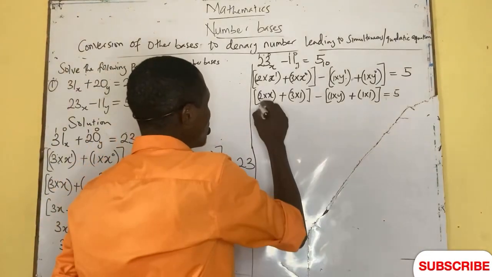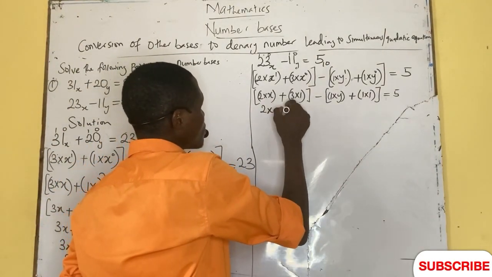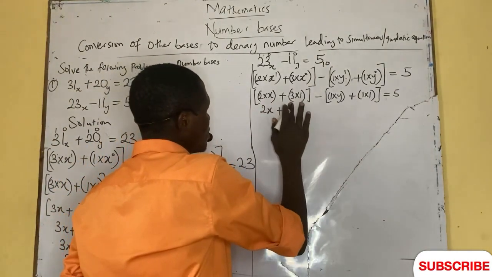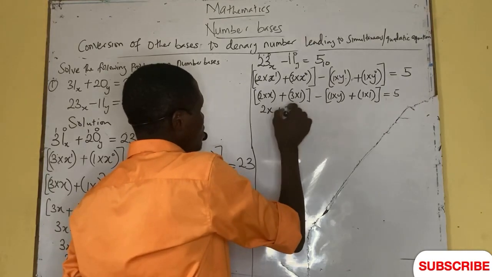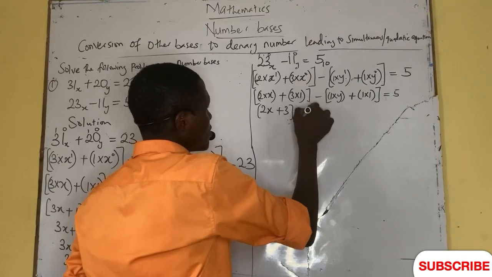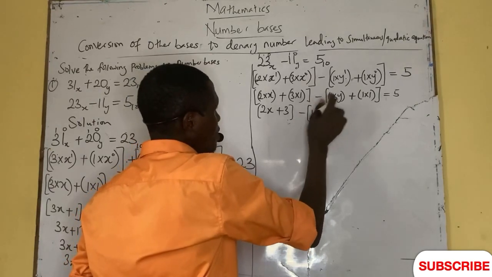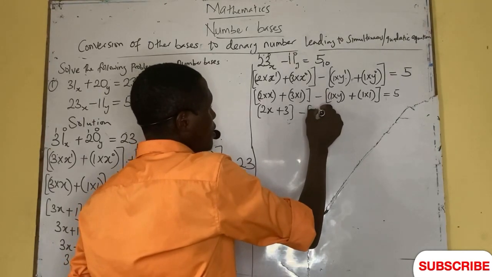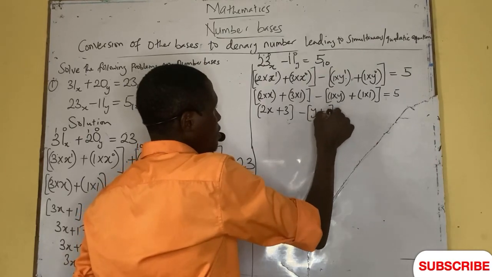So with that now, we have 2x plus 3, we are still having the square bracket, minus 1 times y is y plus 1 equal to 5.